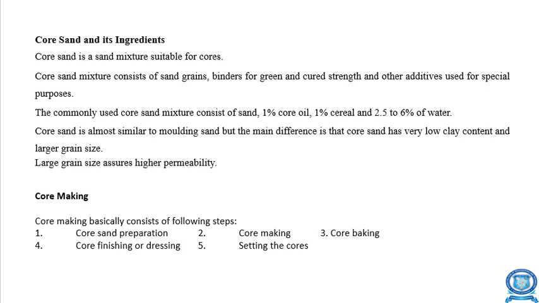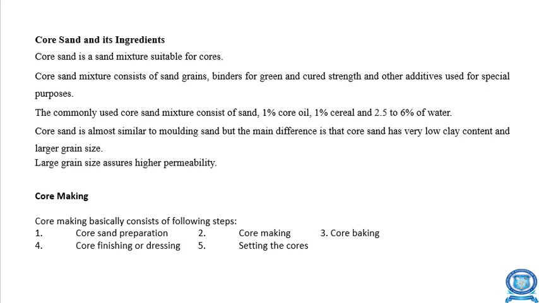The commonly used core sand mixture consists of sand, core oil 1%, cereal, and 2.5 to 6% of water, which gives the moisture content. Core sand is almost similar to molding sand, but the main difference is that core sand has very low clay content and large grain size. Large grain size is assured for higher permeability. During molding, the maximum gases will escape with the help of this permeability property itself.